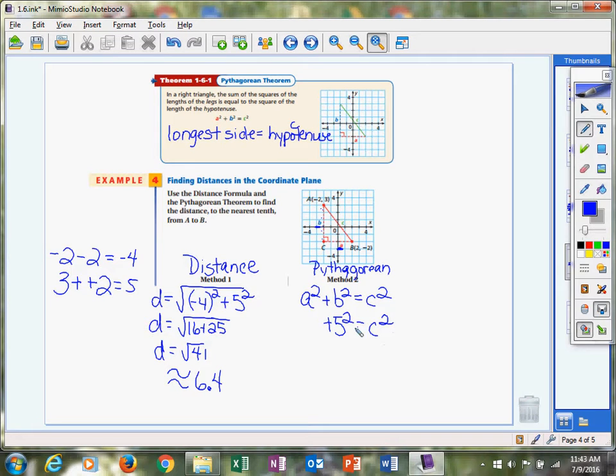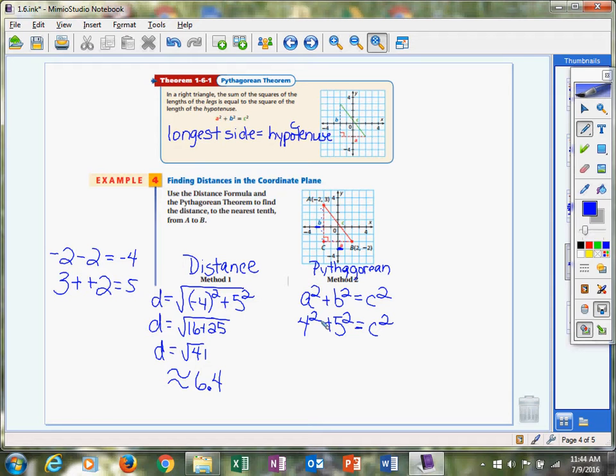Okay? And then let's do the horizontal distance. We've got 1, 2, 3, looks like it's 4 units across. Okay, everybody catch that? So going down it was 5 units, going across it was 4 units.